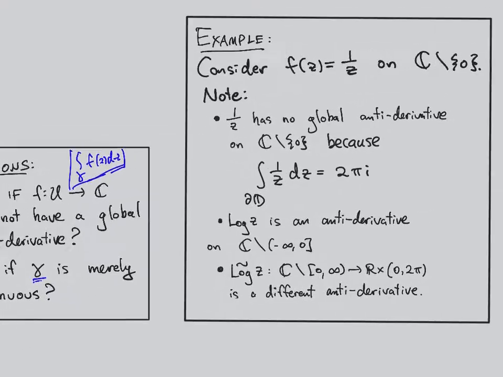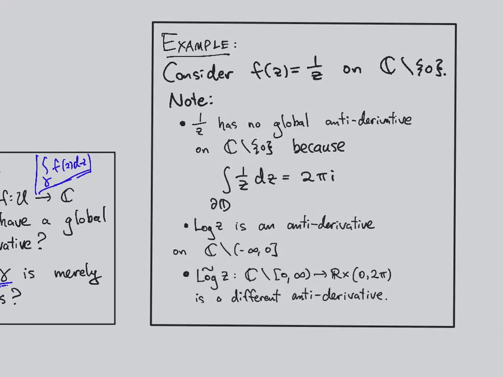So let's look at this first with probably the most important example in this part of the subject. Consider just the function f is 1 over z, which is analytic on the whole plane minus 0. And we know that 1 over z does not have a global antiderivative on the plane minus 0.